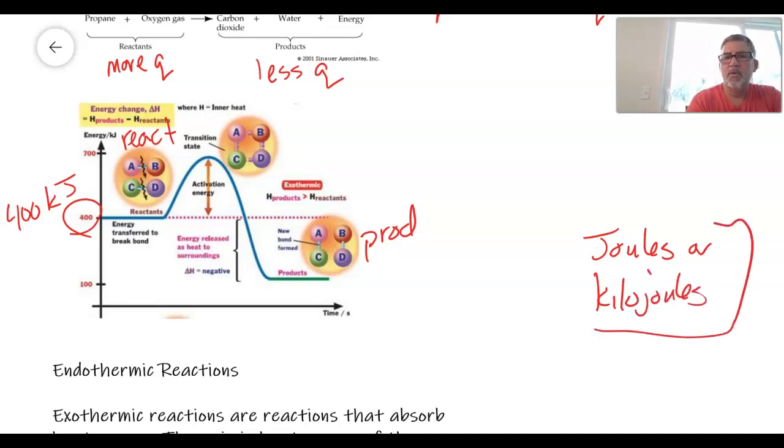Those are quantities of H, right? So we use joules or kilojoules for energy. So my products are at 100 kilojoules.